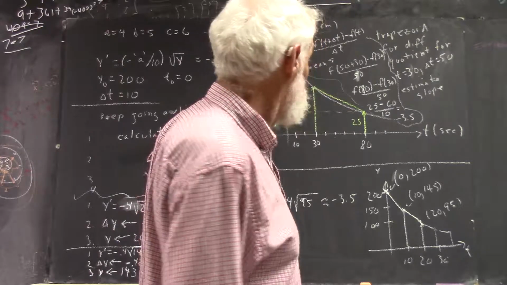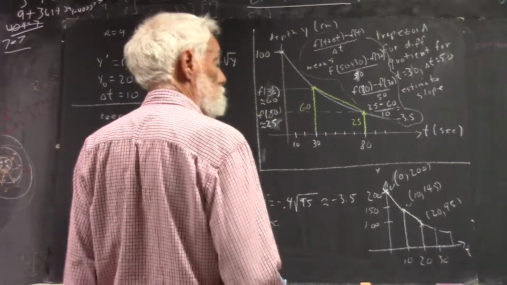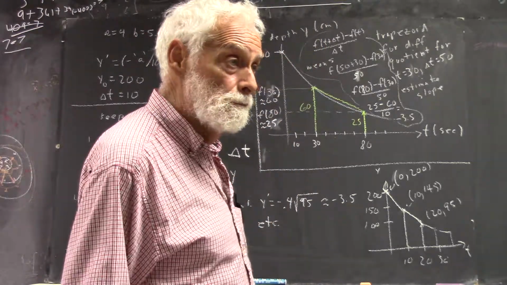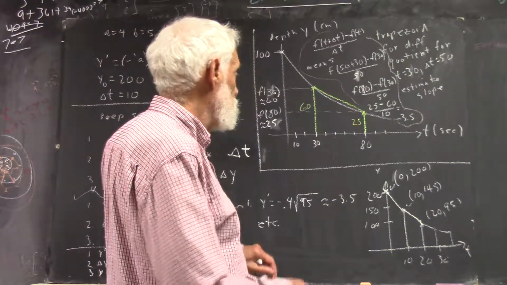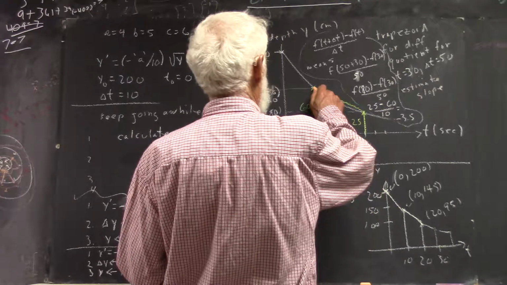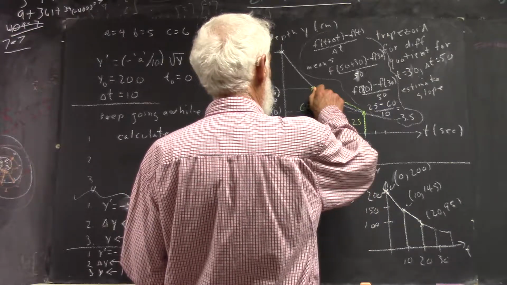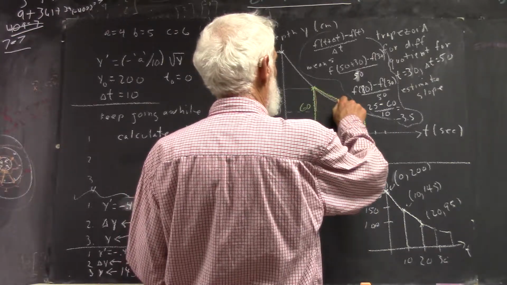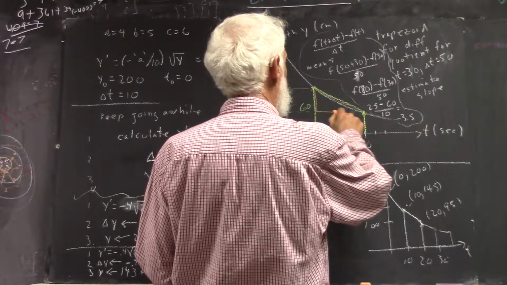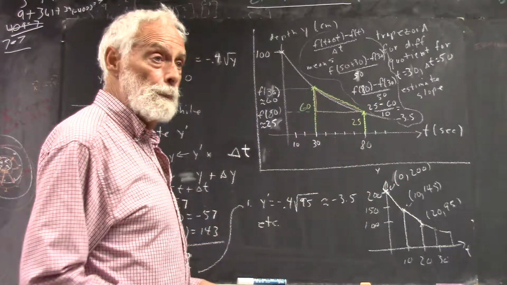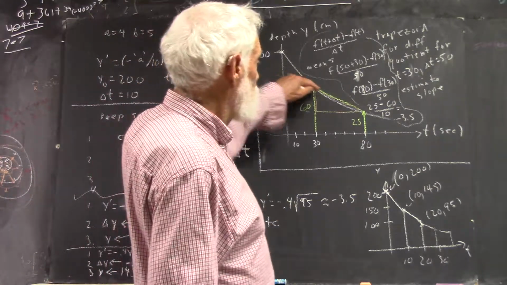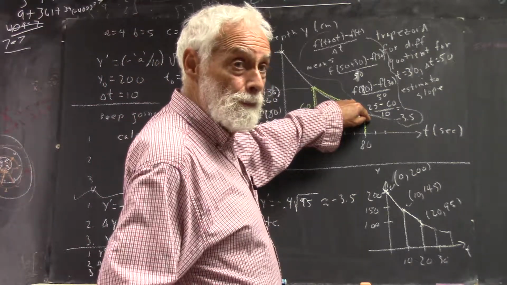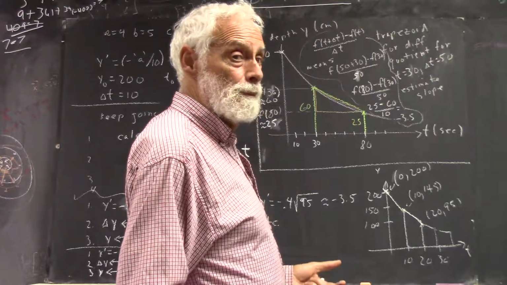So what's the slope? 25 minus 60 over 80 minus 30. The slope is basically the slope of this fundamental triangle, right? So if we go from here to here, what's the rise? Negative 35.